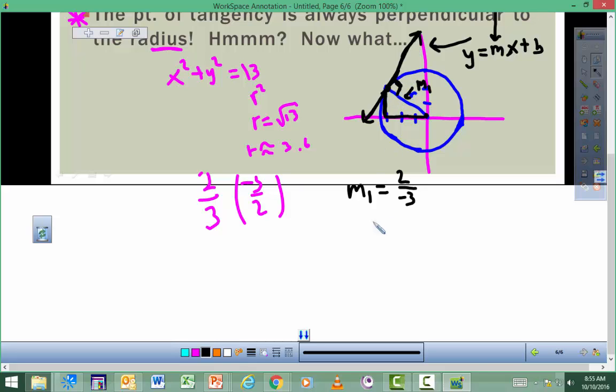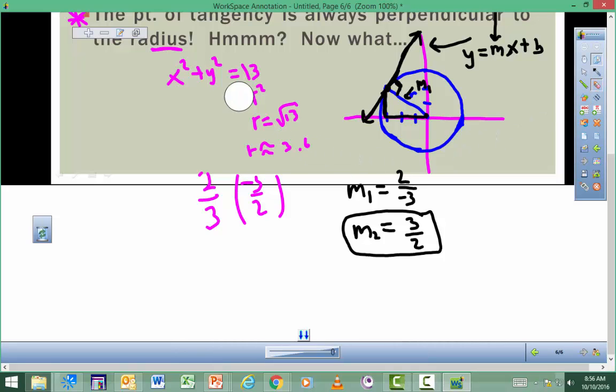So slope number 2 is the one that's going this way. And so what I can do is get slope number 2 by using this idea that I was telling you over here. If you just flip this fraction, we get 3 over 2. And we want one of them to be negative, one of them to be positive. So since that one's negative, we'll make this one positive. So there you have it. Slope number 2 is that.